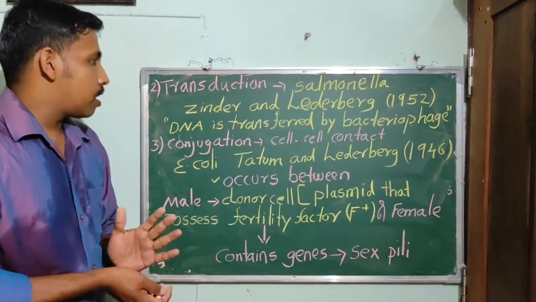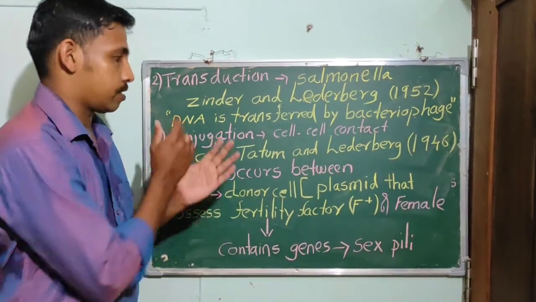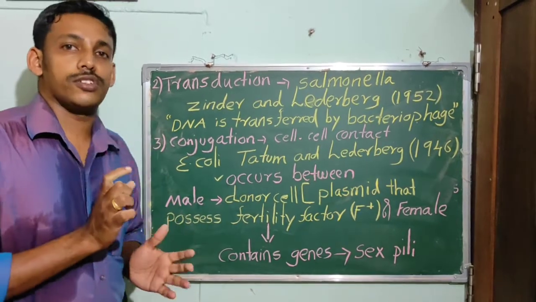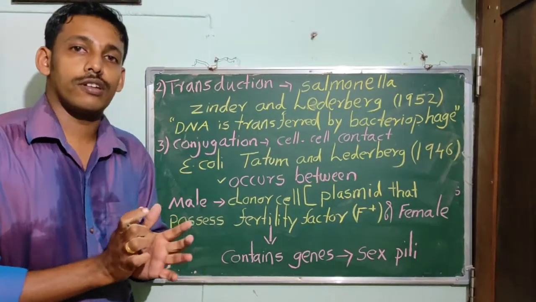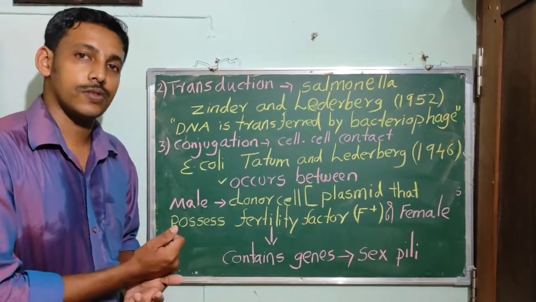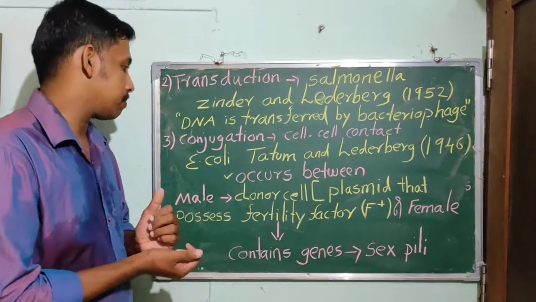Then the last method that we are going to discuss is conjugation. It is the only method of genetic recombination where there is cell to cell contact involved.